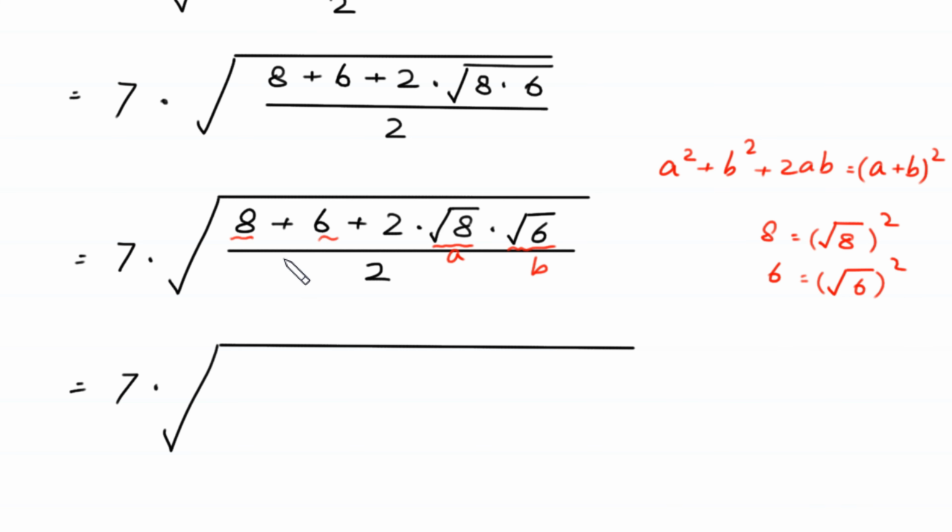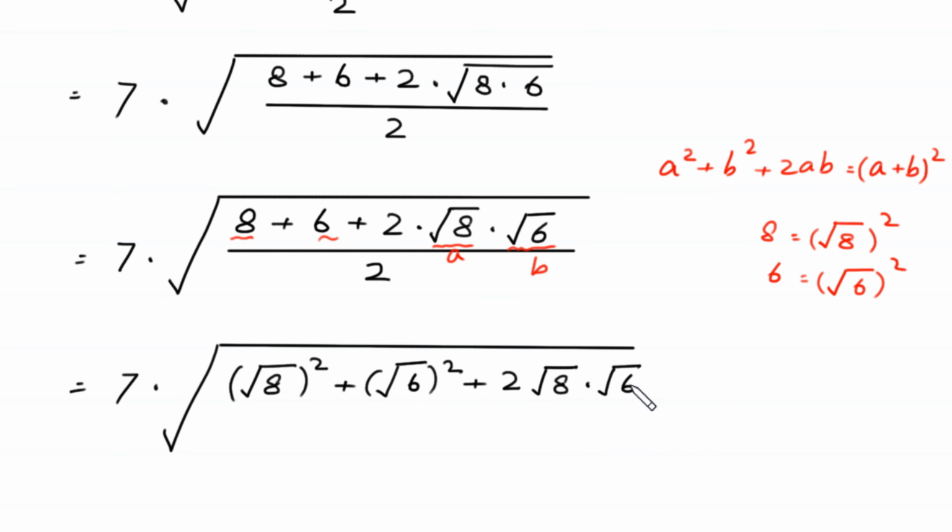Like this, we write this 8 as square root of 8 squared, plus we write this 6 as square root of 6 squared, plus 2 times square root of 8 times square root of 6, divided by this 2.